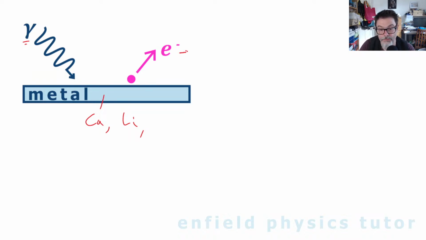Lots of these, but not all, but most of these electrons have a significant amount of kinetic energy. If you turn off the radiation, you get no electrons, and then you turn it back on and you get electrons with kinetic energy. That is a pretty strong indicator that these electrons are coming out from the surface of the metal because of the radiation.